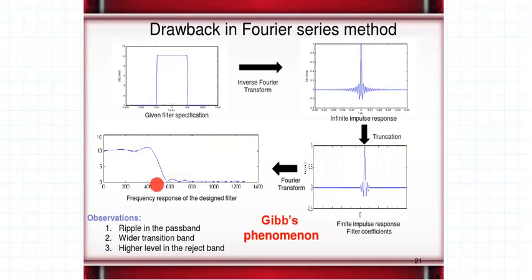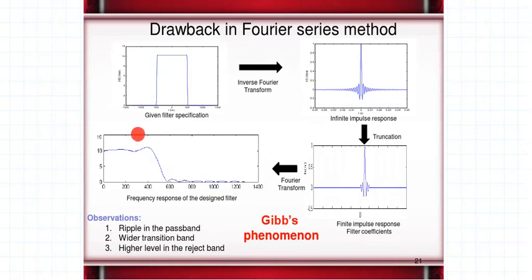Neither do we have a sharp cutoff the way we had assumed in the specifications, nor very high attenuation in the stop band. I observe certain ripples in the stop band.